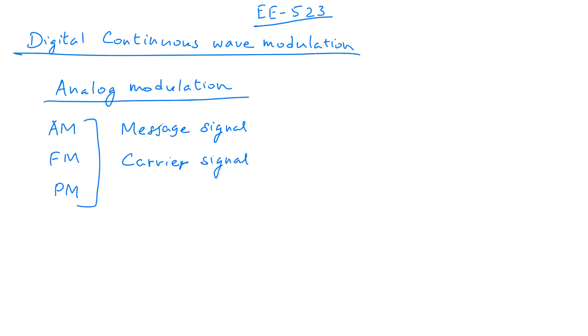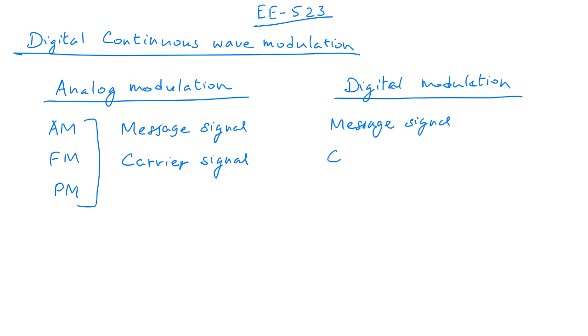In digital modulation, we still have the message signal and the carrier signal.